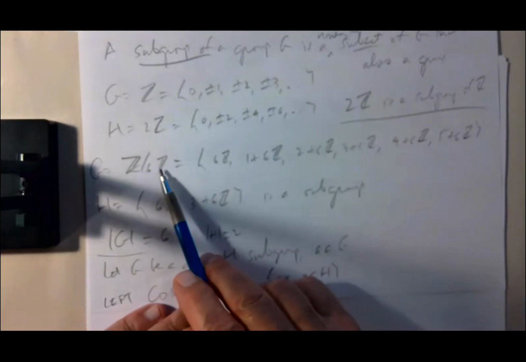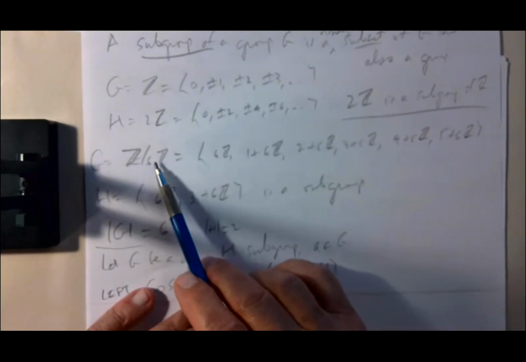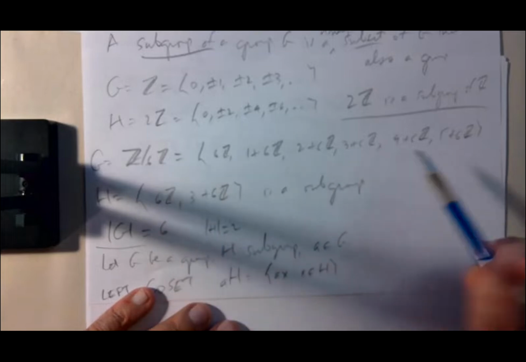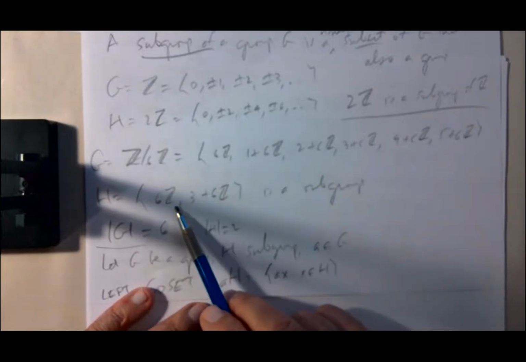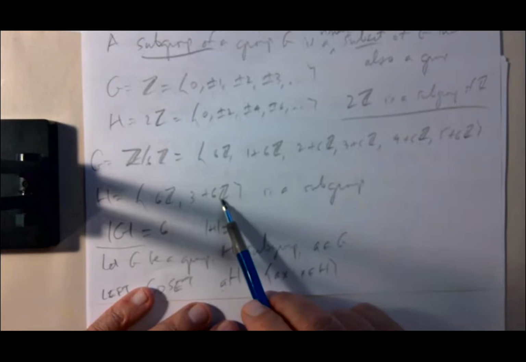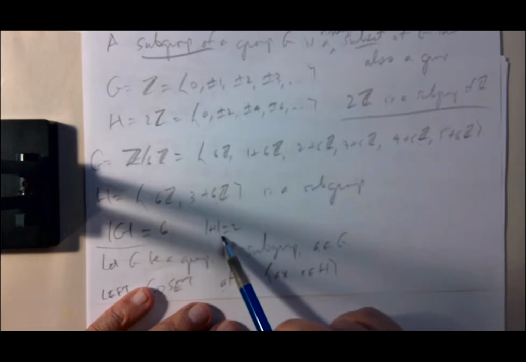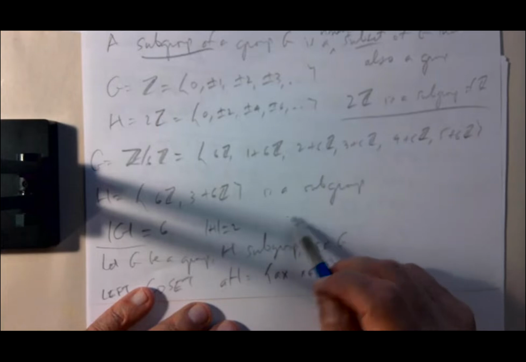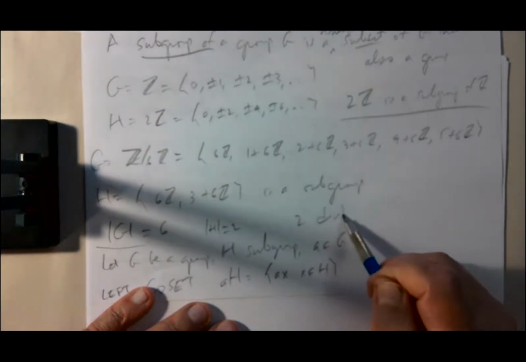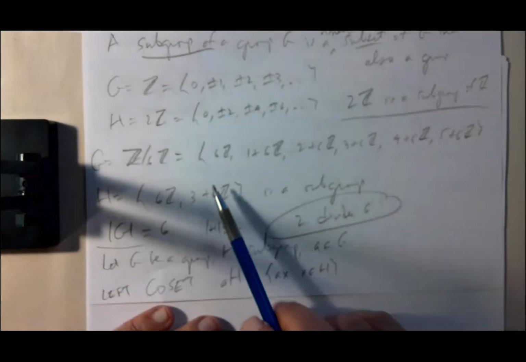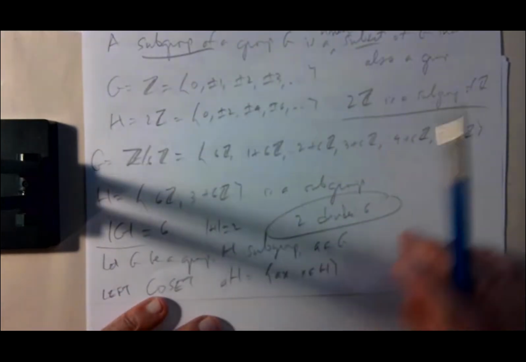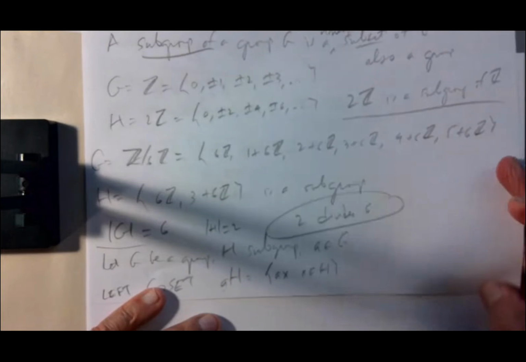We had a group of congruence classes mod 6. The order of the group is 6. H consists of 2 congruence classes. It's a subgroup, has 2 elements, and 2 divides 6. You couldn't have a subgroup of this group with 4 elements because 4 doesn't divide 6.